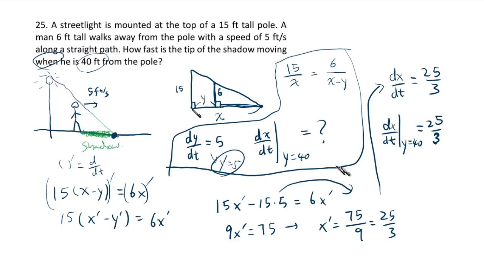In many cases, you still have to have this involved, but here it ended up being not necessary. In all of these application problems, word problems, you have to write down the proper unit, or else it's not correct. Because the speed is measured in feet per second, and this is the speed of the tip of the shadow, the answer should be feet per second.